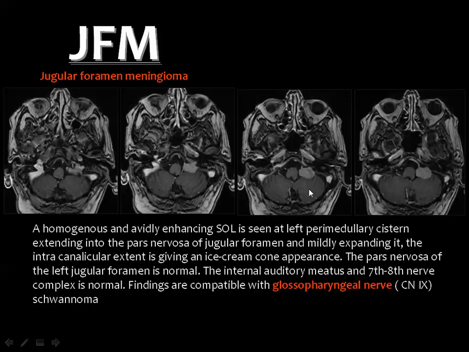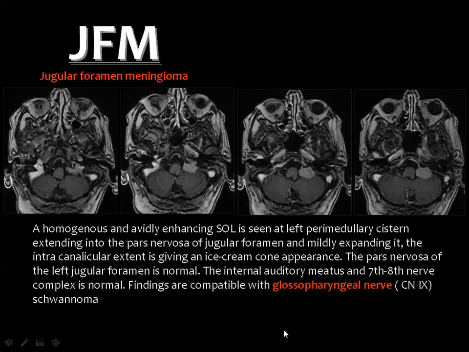And this is a meningioma which is not different from a jugular foramen neuroma. It's a well-defined lesion, homogeneously enhanced, related to the jugular fossa with some dural tail and a creeping nature.